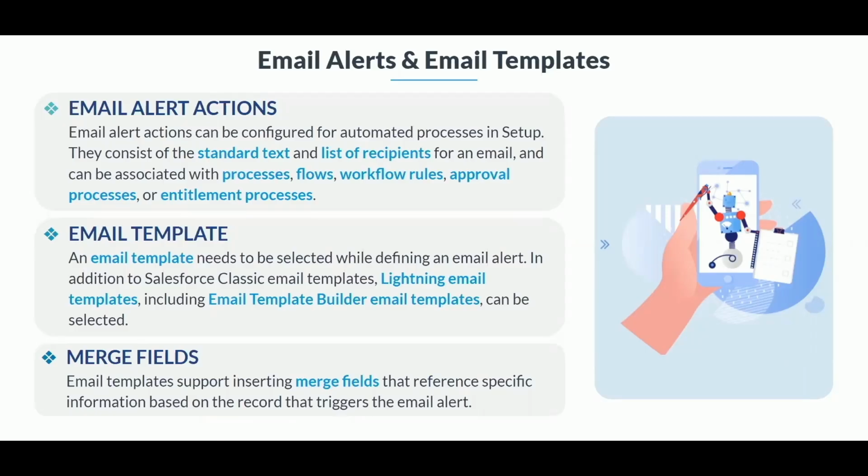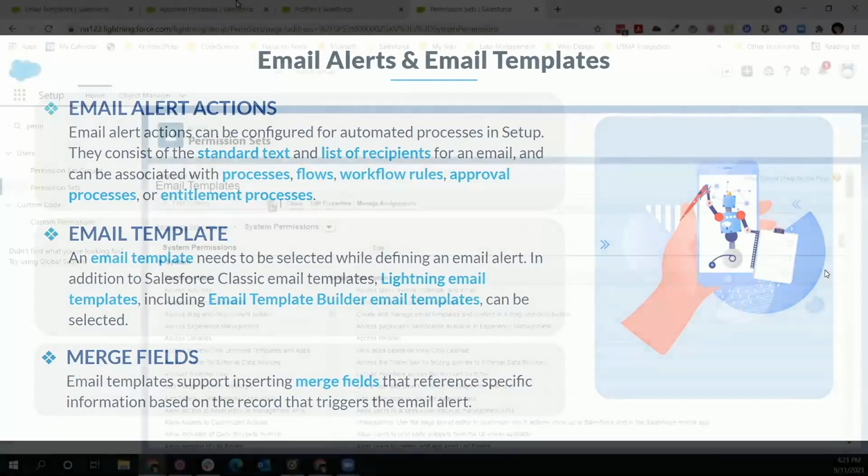They cannot send custom messages that are not defined through email alerts. The other kind of email is just a straight custom email. Now, flows can send a custom email message that is not defined as an email alert. Flows can also use email alerts. Now, since email alerts are used in various automation processes, let's look at how email alerts are set up first.